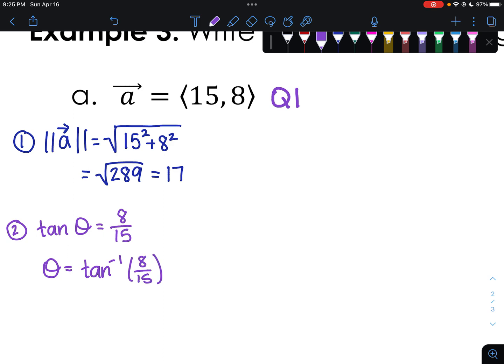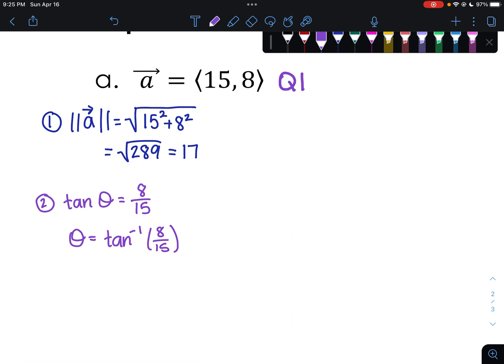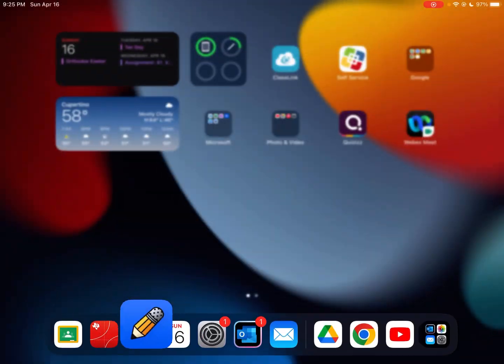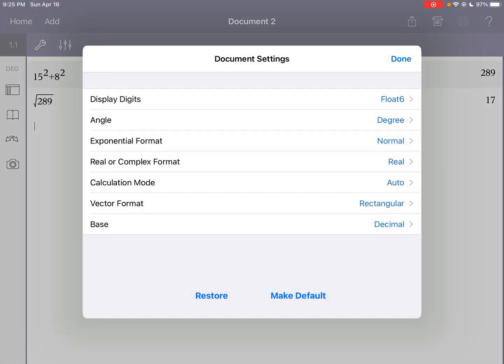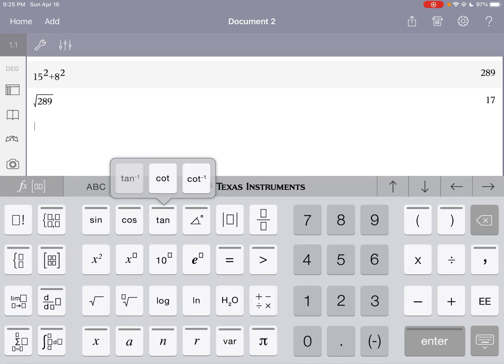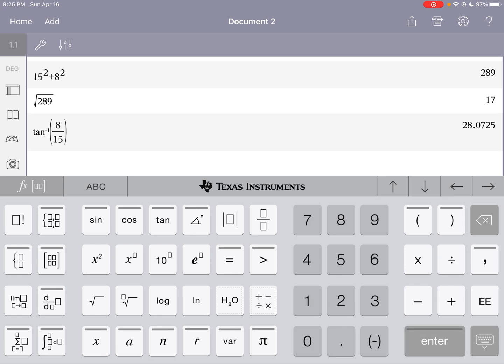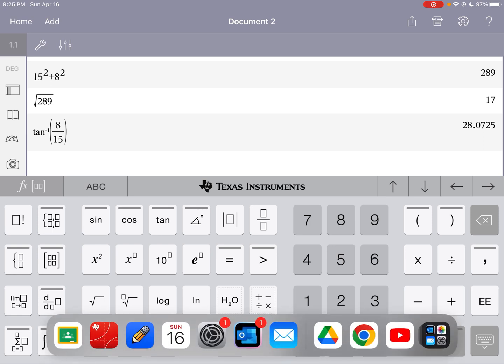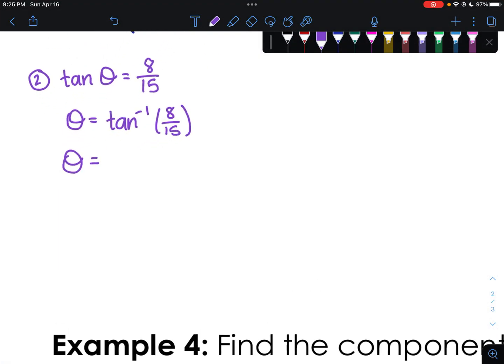Because 15 and 8 are both positive, the answer we get is the correct answer. Make sure you are in degree mode. It gives me 28.07. We're going to round to 2 decimal places.